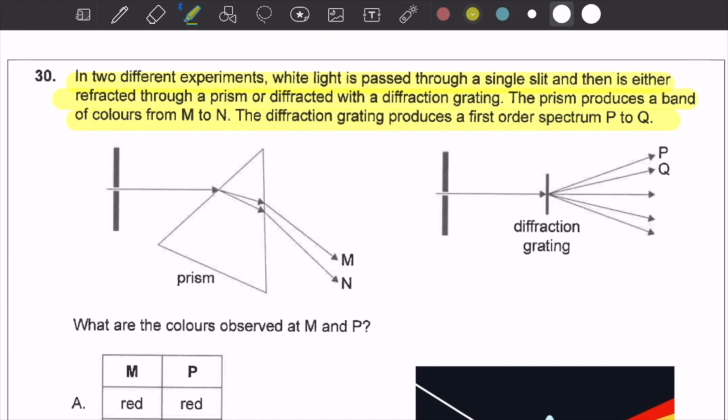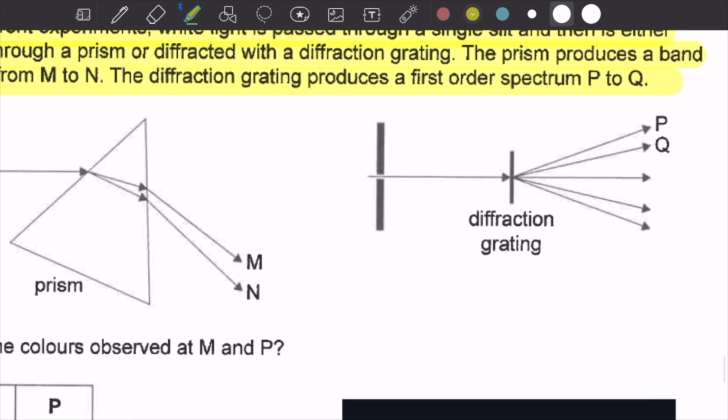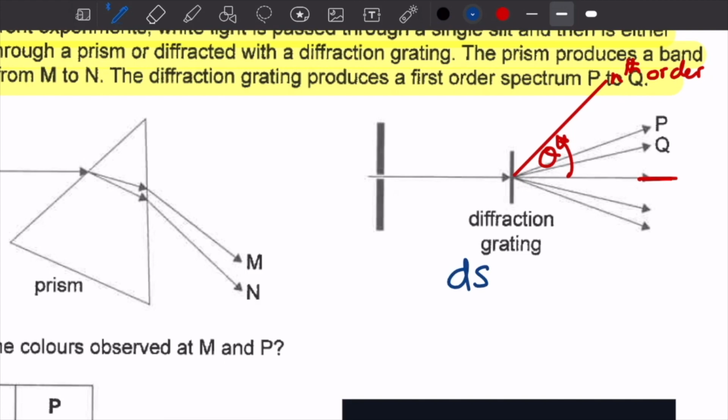Okay, let's start with the diffraction grating. What do we know about it? Let's say this is the nth order, and the angle from the 0th order or central maxima is theta. We know this equation, it is in the data booklet: d sine theta equals n lambda.